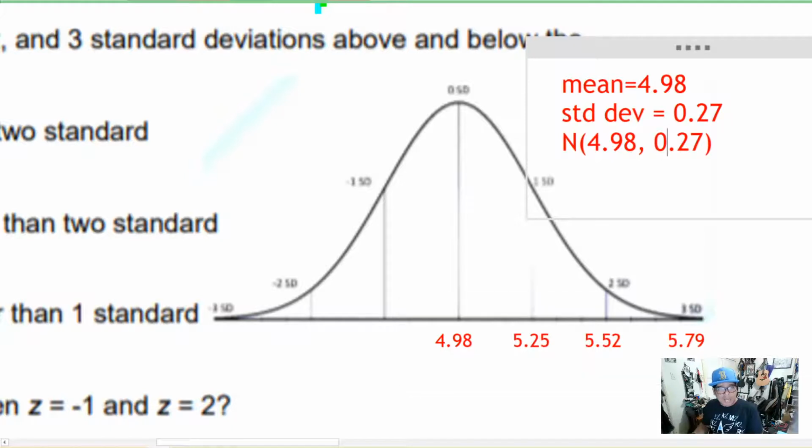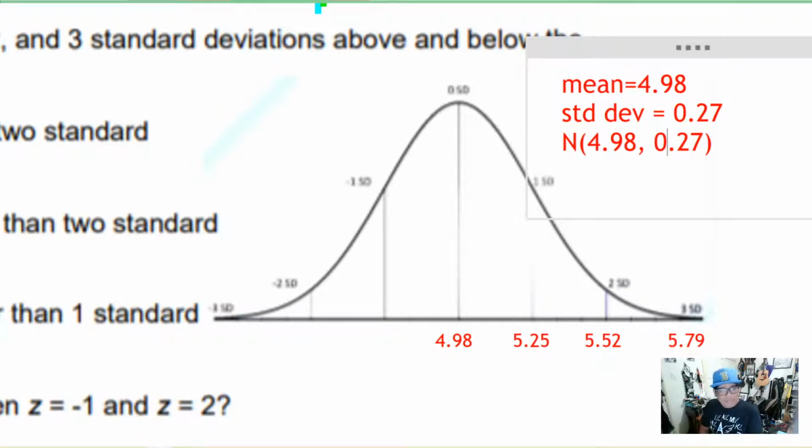So the mean is 4.98. 1 standard deviation above the mean is 5.25 seconds. 2 standard deviations above the mean is 5.52 seconds, and 3 standard deviations above the mean would be 4.98 plus 3 times 0.27, or just 5.79.